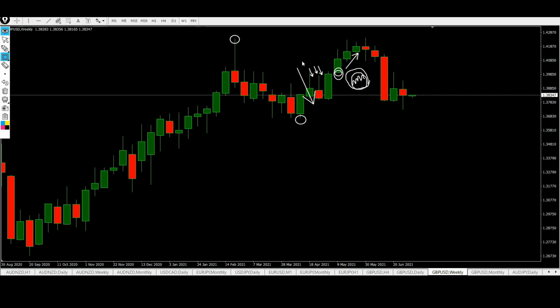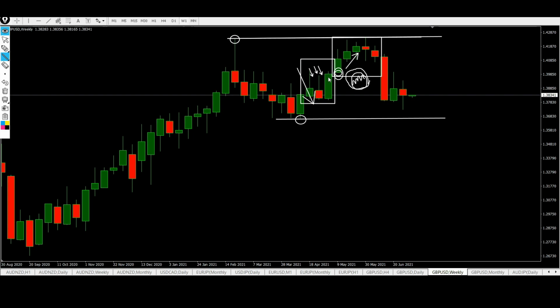So in other words, up until this point right here, this weekly chart's bias stated that price is likely to reach this pivot low right here before reaching this pivot high. But then halfway through this pullback in this area right here, the weekly bias changed to long. So in other words, it stated that price is likely to reach this pivot high up here before reaching this pivot low where that compact long price action formed.